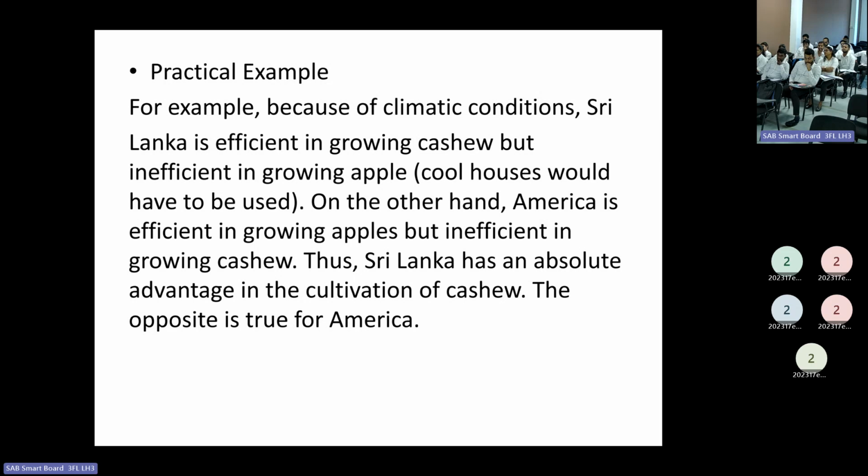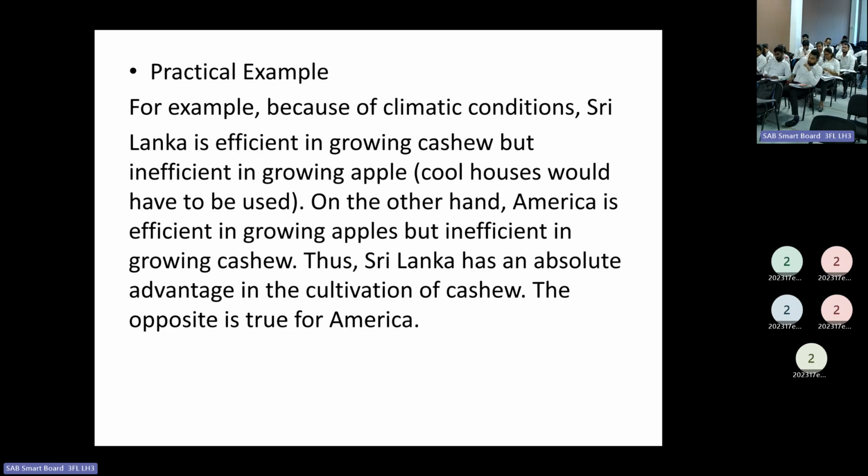America grows apples, but grows cashew inefficiently. So Sri Lanka and America can trade according to the absolute advantage. Sri Lanka has the absolute advantage in producing cashew, while America has the absolute advantage in producing apple, but an absolute disadvantage in producing cashew.